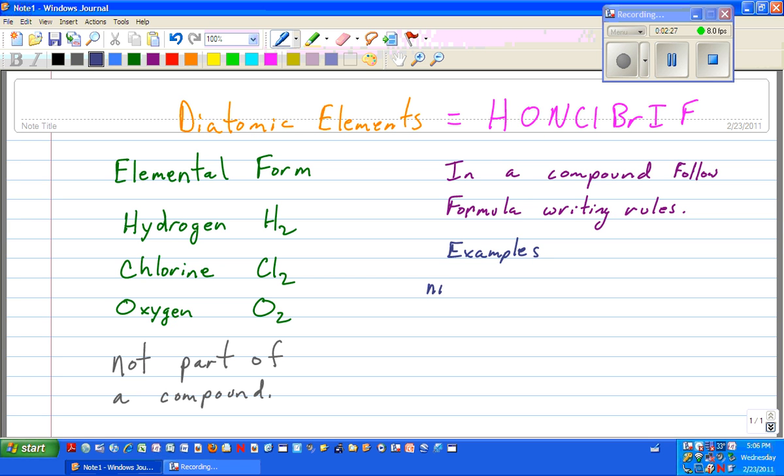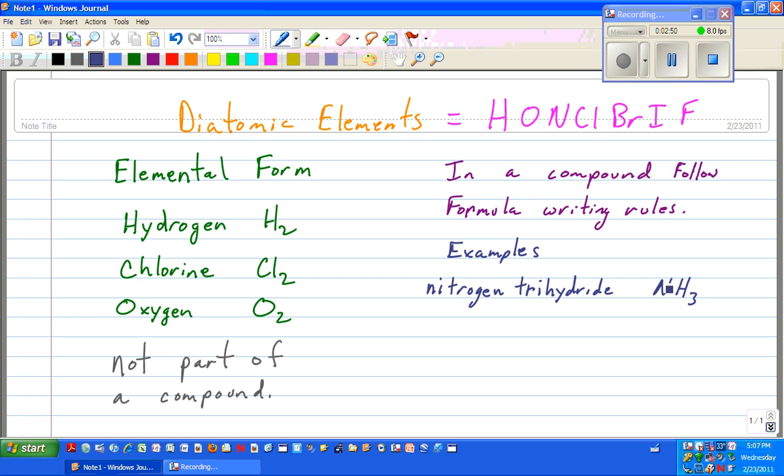Something like nitrogen triiodide, or excuse me, trihydride, would simply be nitrogen, 1N, and tri, meaning 3 hydrogens, trihydride.